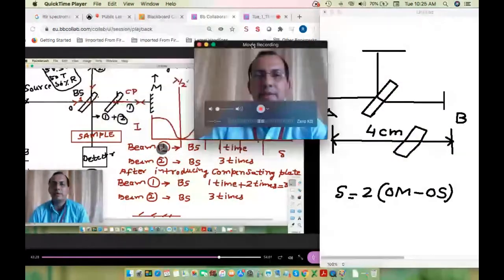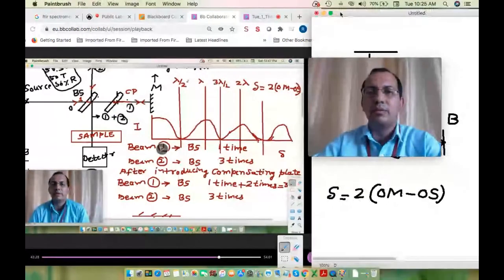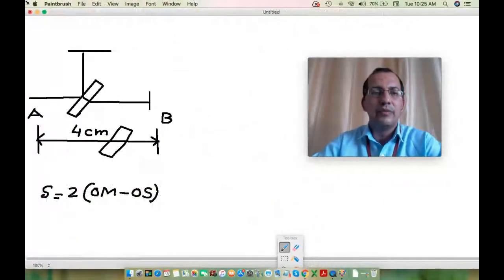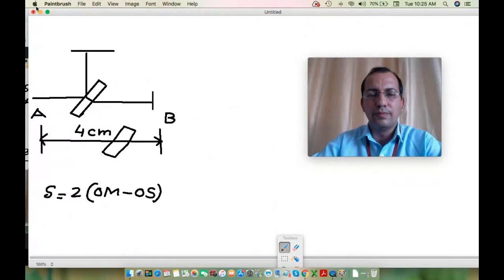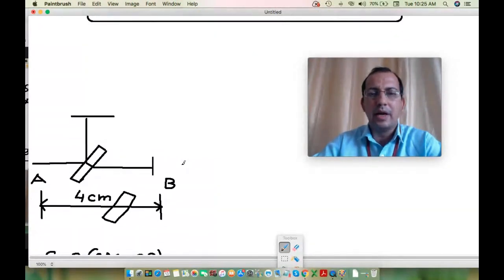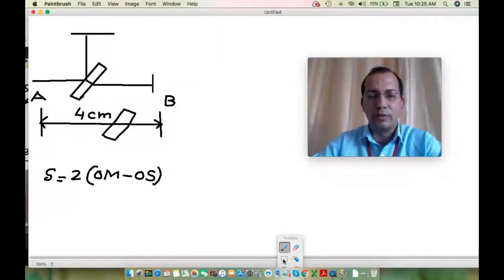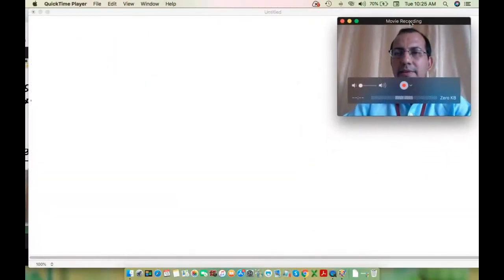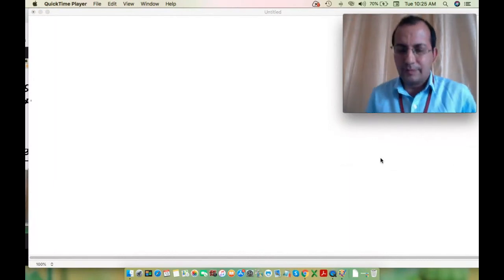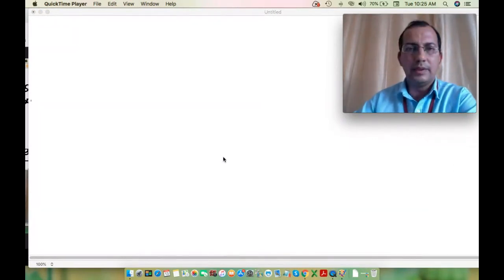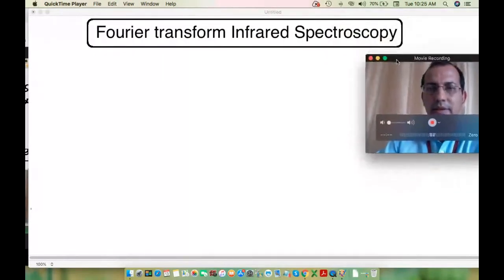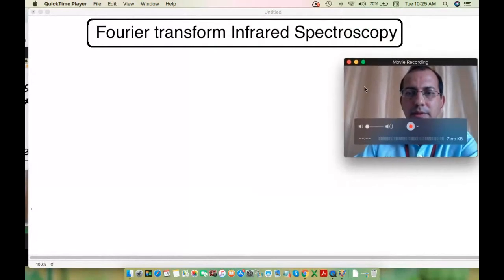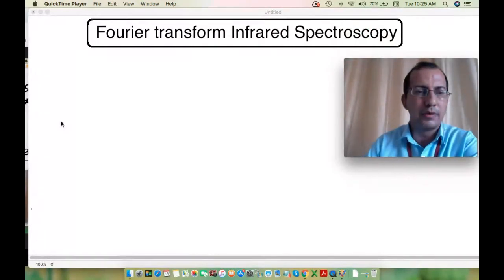Now the next task is to understand better what we would like to do in this case and how it would be beneficial for us. So let me erase this part. Okay, this is again the FTIR spectrometer, so we should not forget our topic of discussion.